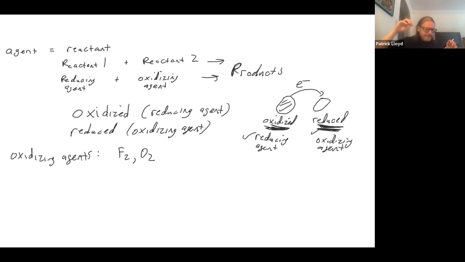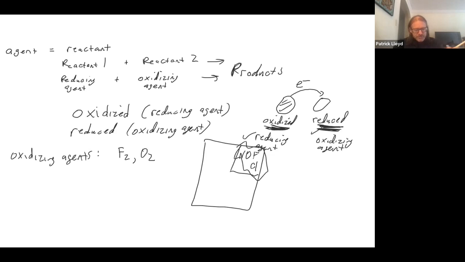Oxidized means reacted with oxygen. Where are the oxidizing agents? They tend to be over here in the periodic table. F, O, Cl, N. Those are your oxidizing agents. Where are the reducing agents?